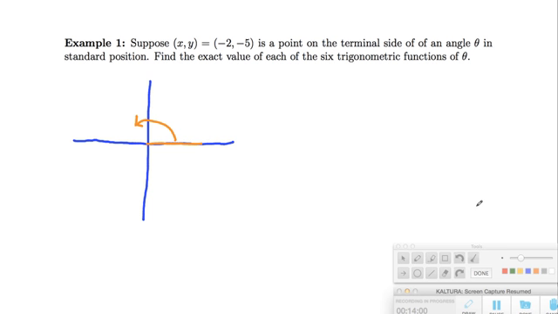So we're talking about the point x is -2, y is -5. So that looks like this.